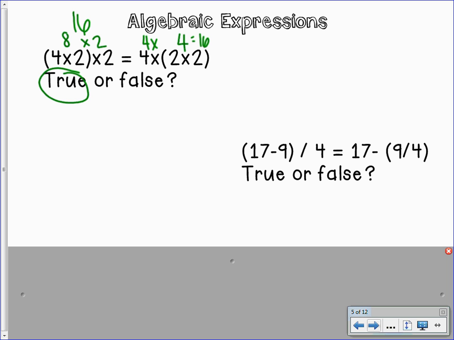All you really need to figure out is if this is equal to the exact same thing as this. I'll give you about 30 more seconds.